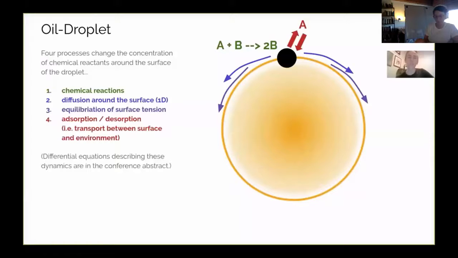Finally, there are adsorption and desorption processes through which chemicals on the surface of this droplet can be released, so to speak, into the environment or absorbed from the environment into the surface. It's just transportation processes. The differential equations for describing all of these dynamics are in the conference abstract, but obviously I don't have time to go into them in any detail here.